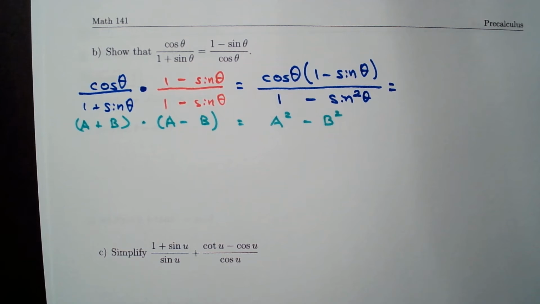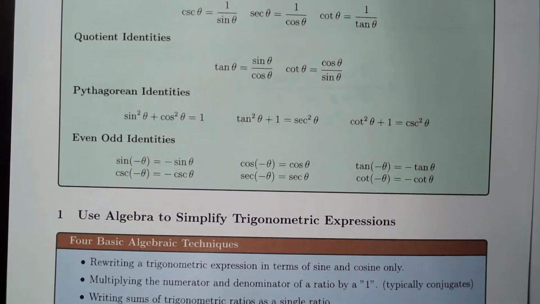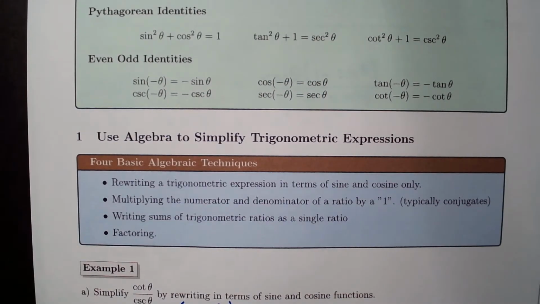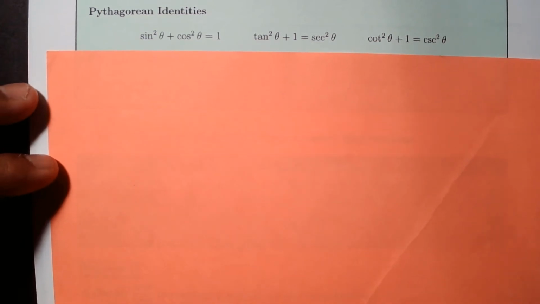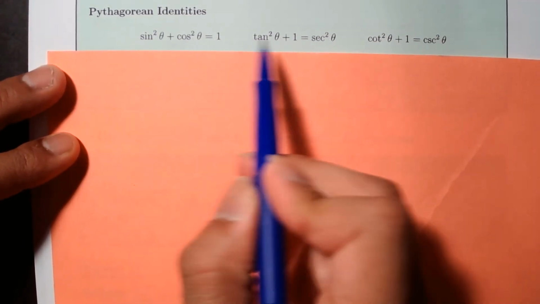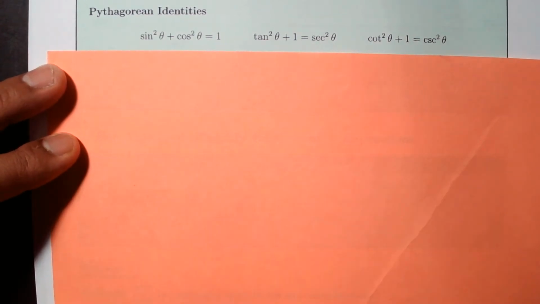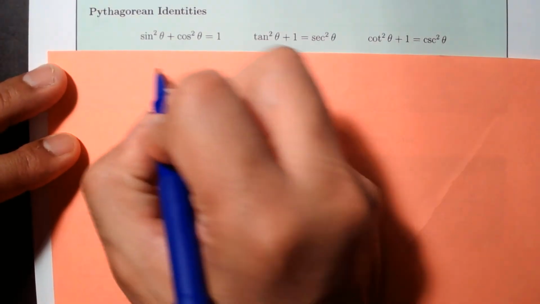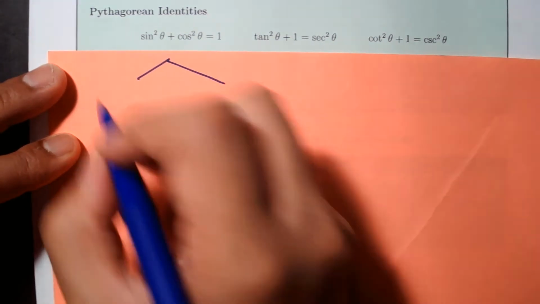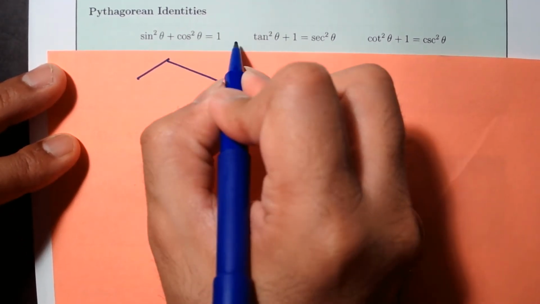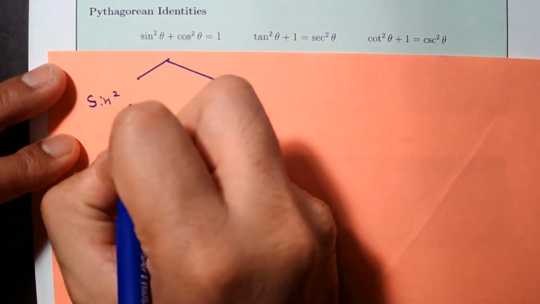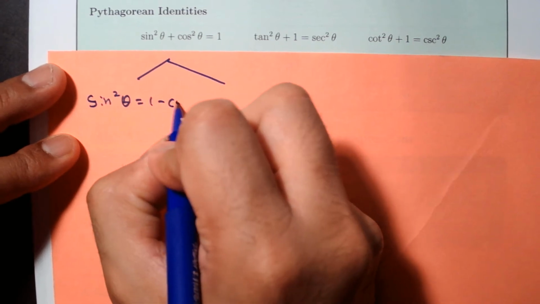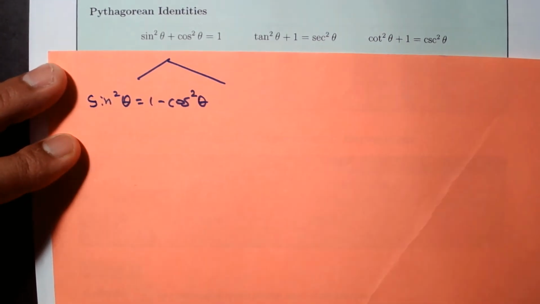Well, not necessarily. Before moving on, let me just take a couple of steps back to the Pythagorean identity. From these three identities, we can obtain 2 more identities. For example, from the first one, if we move cosine squared to the right-hand side, we have sine squared theta equals 1 minus cosine squared theta.